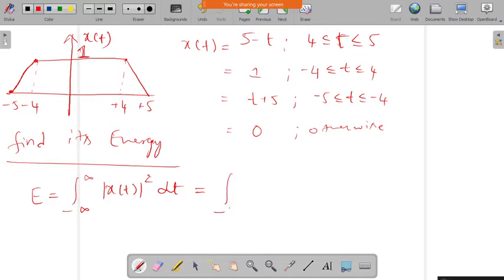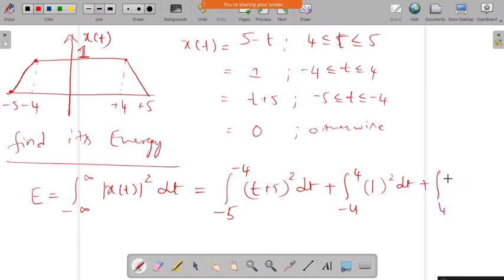So it is -5 to -4, that is (t plus 5) whole square into dt, plus -4 to +4, it is 1, so 1 square into dt, plus 4 to 5, that is (5 minus t) whole square into dt. Okay, so only these limits you have to integrate, and you have to get the values.